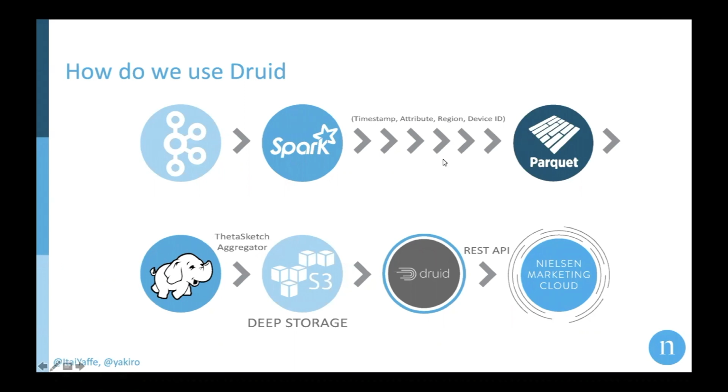Those Parquet files are being loaded into Druid, or basically aggregated using the built-in MapReduce job that Druid provides. And then we can aggregate them using the SUM aggregator or the Theta sketch aggregator and produce the aggregated data to the deep storage, which is S3 in our example.